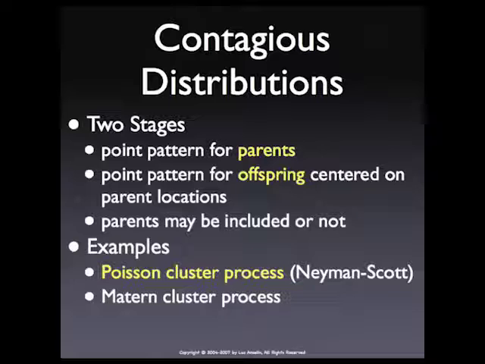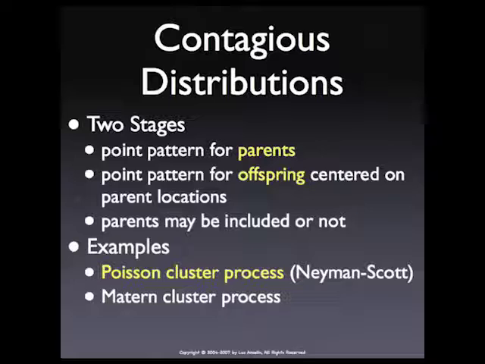The way this is often thought of is as a two-stage process, where first we model the locations of the parents, and then we model the locations of the children. This comes out of ecology again, the trees and the seedlings. That's a natural setup. So we need a model that locates the parents, and then a model that locates the children, and also a model to determine how many children.